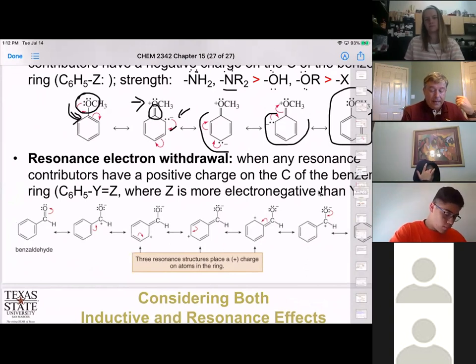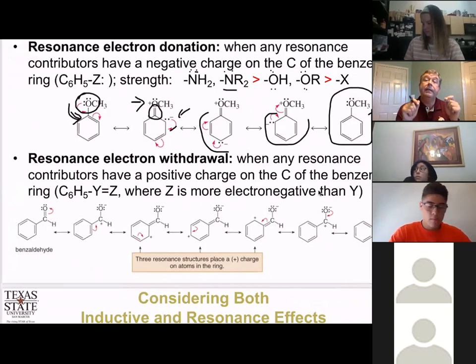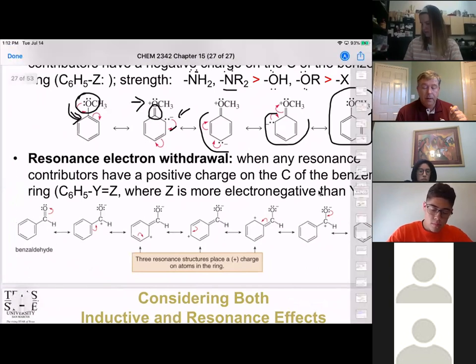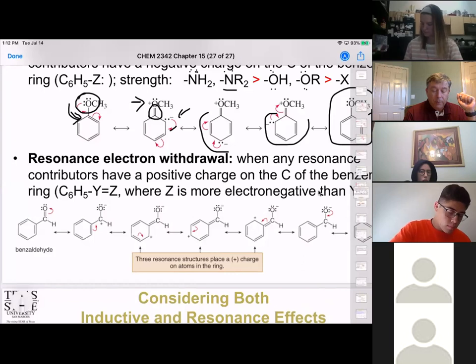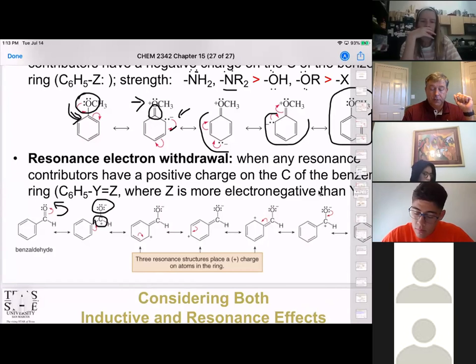So in the case of something like benzaldehyde here, I said your carbonyl carbon is partially positive. So it has an inductive effect based on just that concept that this is partially positive. But we also have a resonance electron effect because one of the resonance structures of your carbonyl has true charge separation, giving you a full positive charge on the carbon, a full negative charge on the oxygen here.